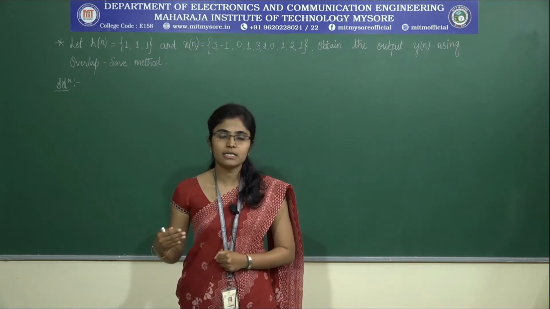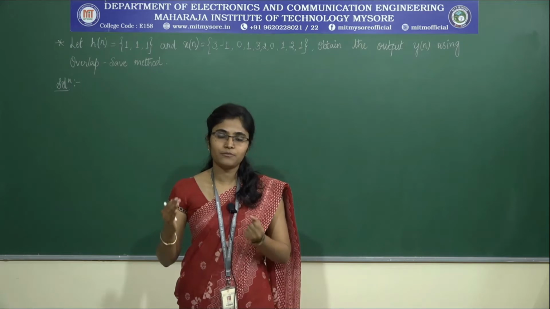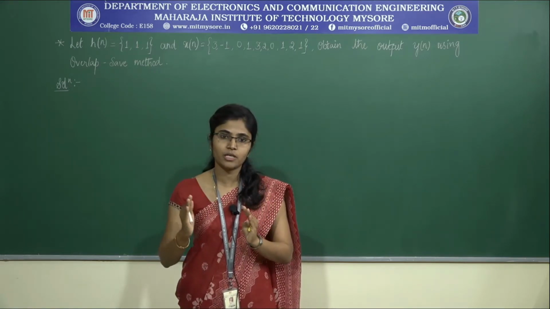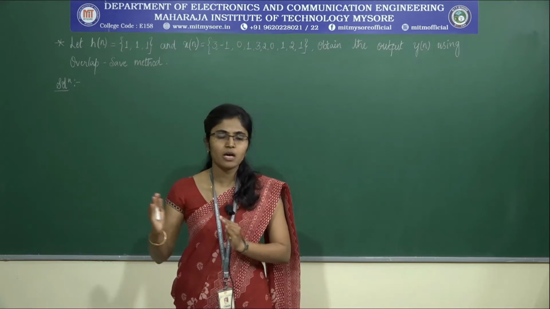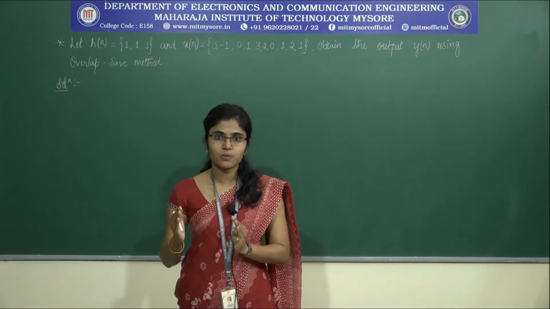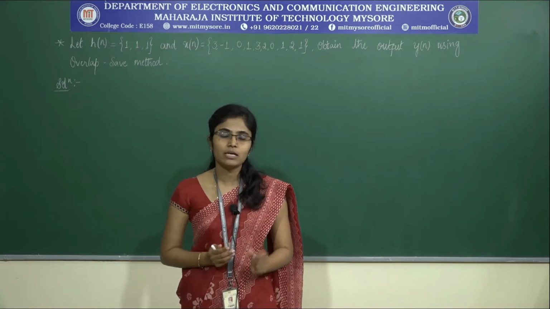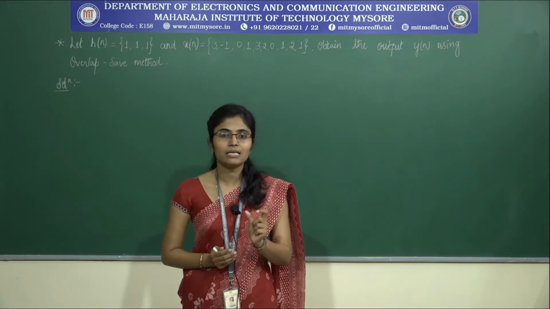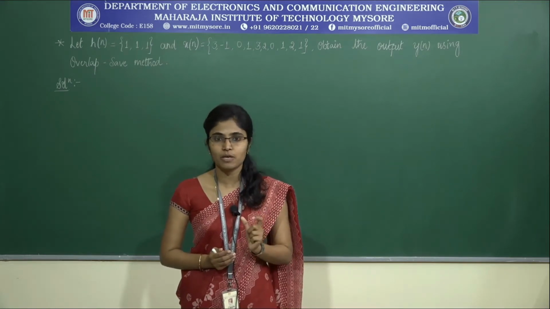Later we divided input x of n into x1 of n, x2 of n, and so on up to n subsequences. We took the first subsequence, x1 of n, and added M minus 1 zeros in the beginning. That gives us the final x1 of n.